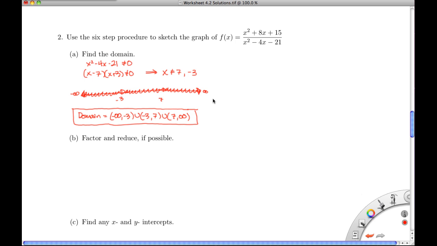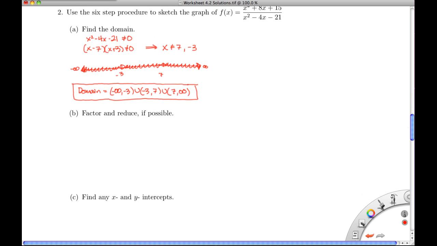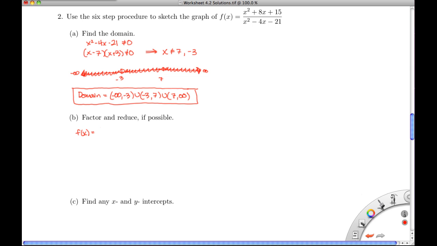Okay, so next we need to factor and reduce, if possible, this function. So we've got f of x, and the top is going to factor as x plus 5 times x plus 3.